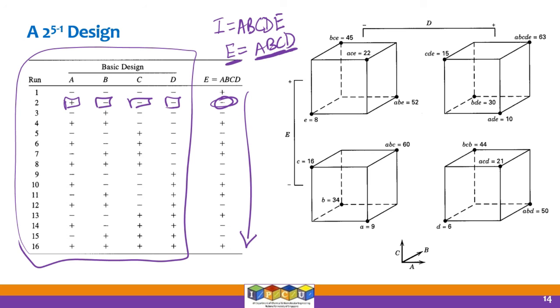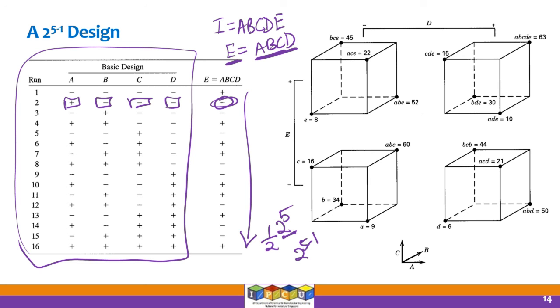And when you fill this E column, you get the half of 2 to the power of 5 design, which is 32 divided by 2, which is 16. So you are exploring 5 factors using 16 experiments, half fractional factorial. So you can also call this 2 to the power of 5 minus 1.